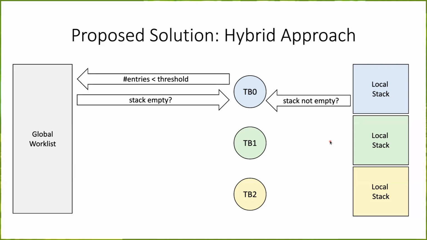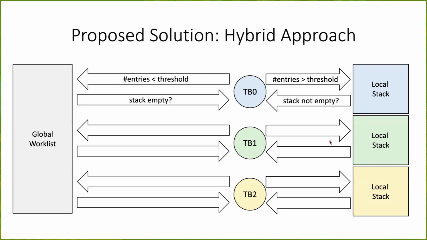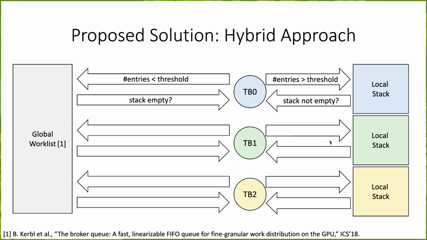If they're below a certain threshold, we push to the global work list. If they're above the threshold, then we push to the local stack and we solve it ourselves later on. And this behavior is the same among all thread blocks. And we took the implementation for the global work list from the following paper.